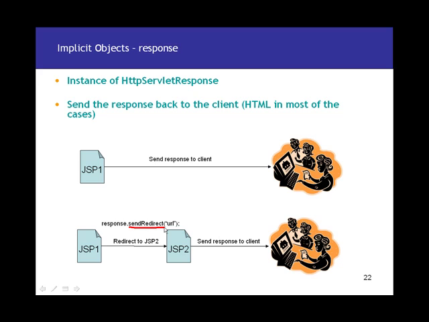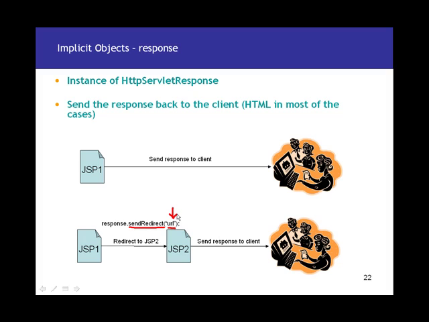But when you're using sendRedirect, when JSP 1 cannot serve the request, it's going to send the response back to the client, which is nothing but the browser. And it's going to say, I cannot serve this request, but I know that this particular JSP can serve your request. Please make a request again to this new URL, and your browser is now going to make a second request to this new URL, and the new JSP is displayed to the end user.